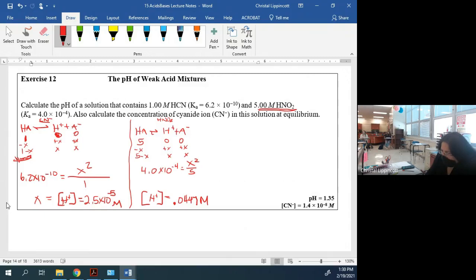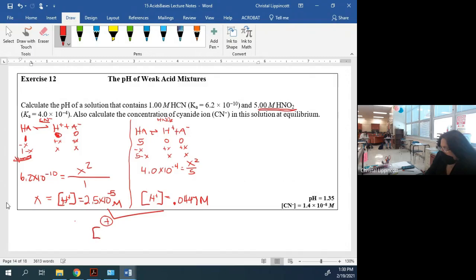Then they want to know, calculate the pH of the solution that contains this, and also calculate the concentration of cyanide in this solution at equilibrium. If we take our concentrations of these two things and add them together, that's going to give us the concentration of H plus.